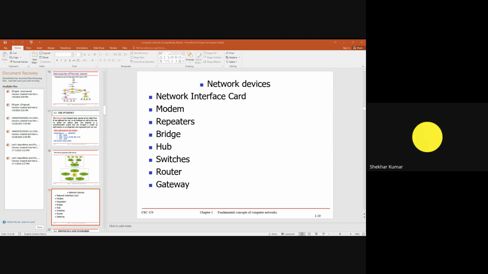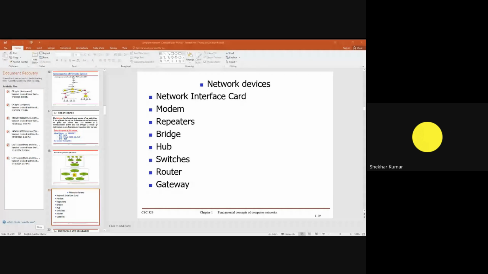Routers are mainly used to direct the traffic. As the name says, router, it routes the path. So the main job of the router is to direct it. It will direct the traffic movement.